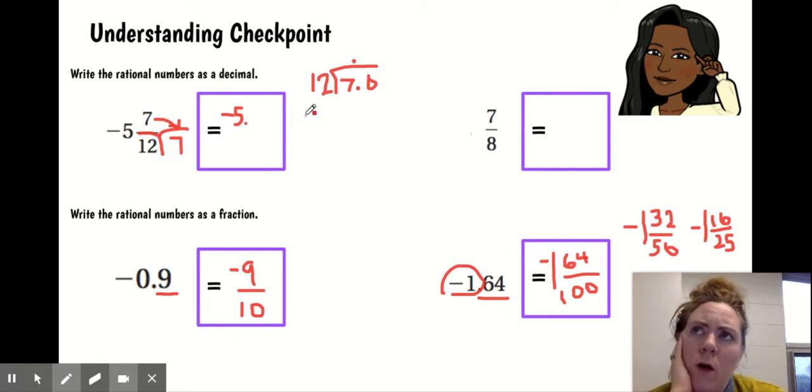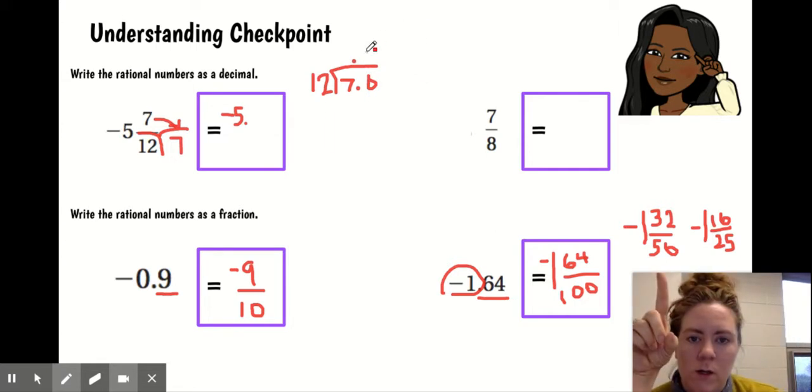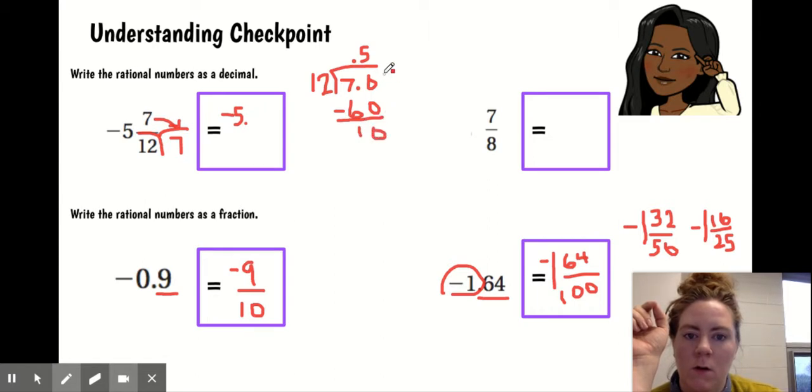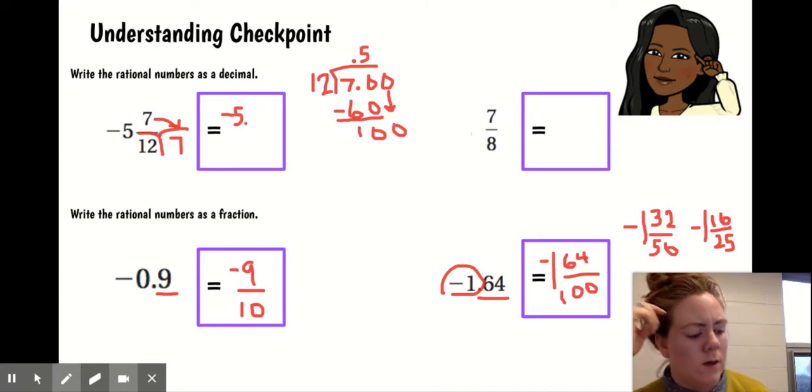So 12 goes into 70 5 times because 5 times 12 is 60. You're going to do your subtraction, and you would get 10 left over. Well, 12 doesn't fit into 10, so I need to add another 0 and bring it down. 12 goes into 100 how many times?